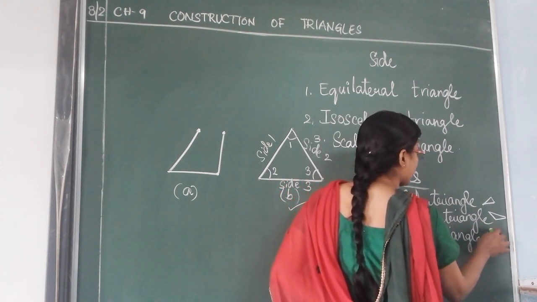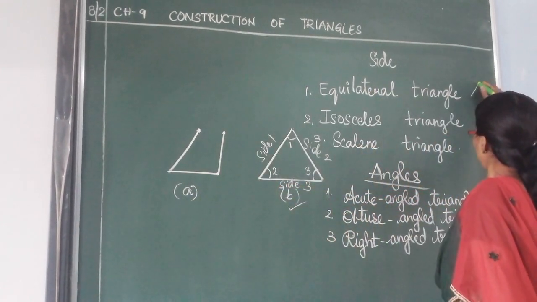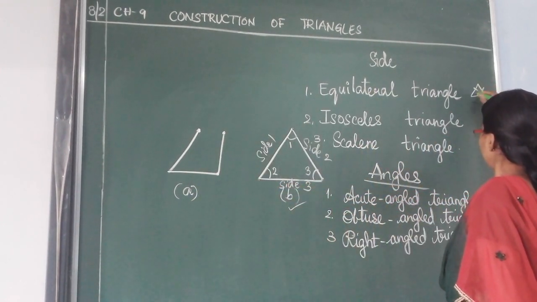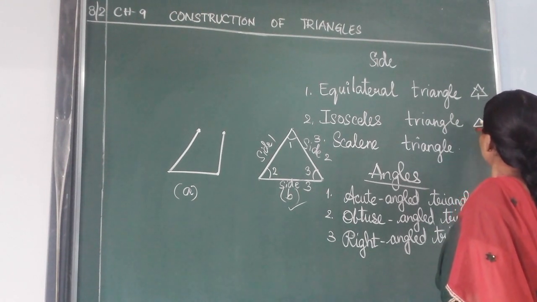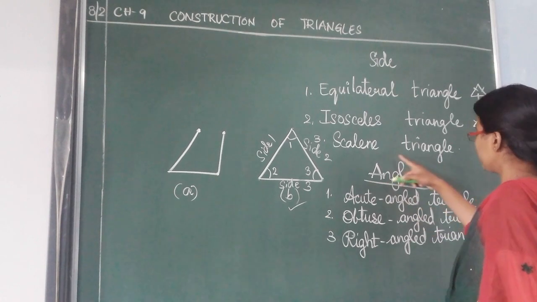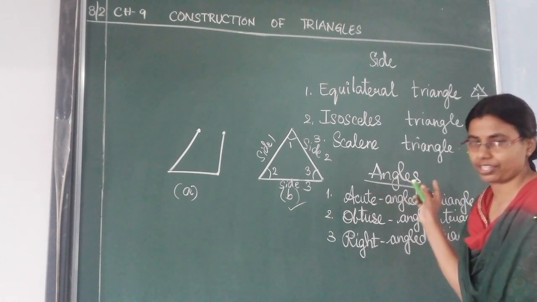Right angled triangle. So equilateral triangle, all sides are equal. Isosceles triangle, two sides are equal. Scalene triangle, all are different.